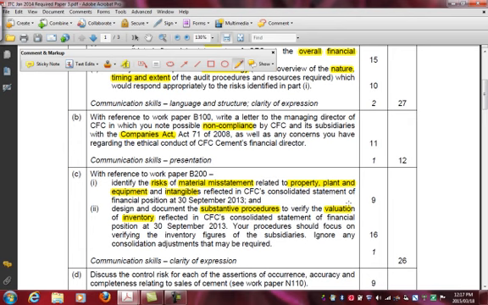Okay, so you need to make sure you read the required very carefully. In Part 1, we're dealing with the risk relating to PPE. In Part 2, we're looking at substantive procedures relating to the valuation, because here they specify which assertion, and we're looking at inventory. Okay, so please make sure you pay particular attention to the wording of the required.